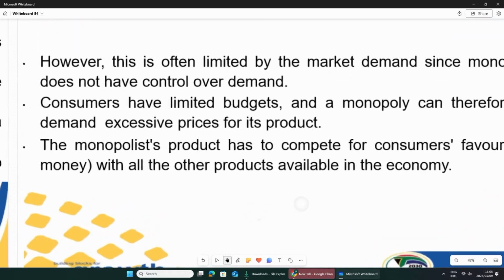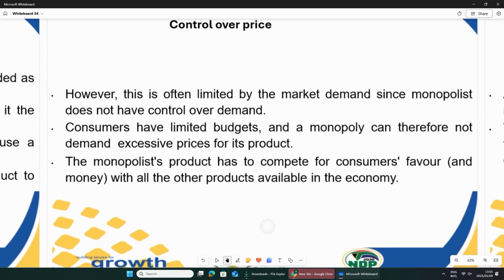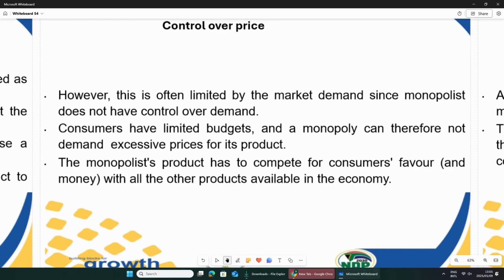There are reasons for that, and this is actually a possible exam question. Why is it that monopolists, even though they are price makers, cannot charge excessively high prices? They have full control over price, but they cannot charge excessively high prices. What could be the reason?